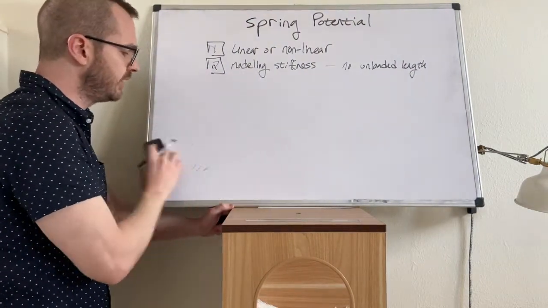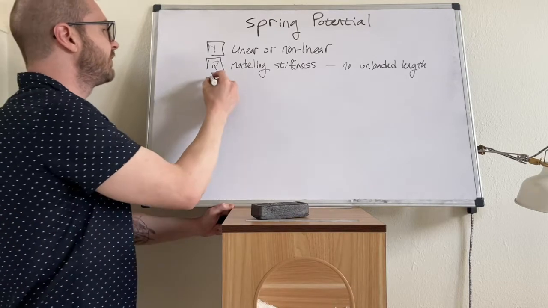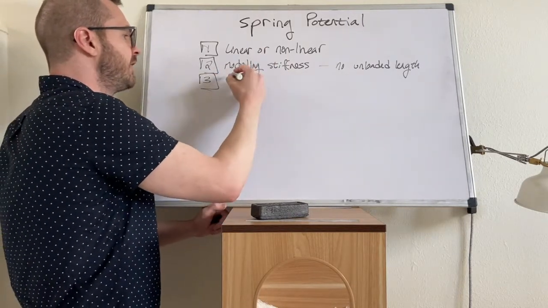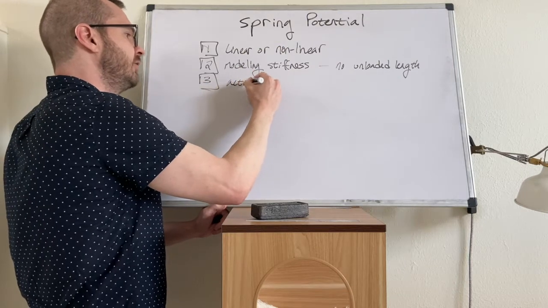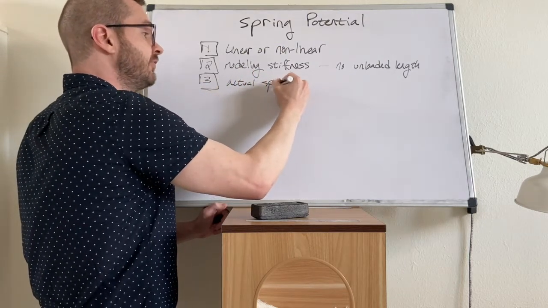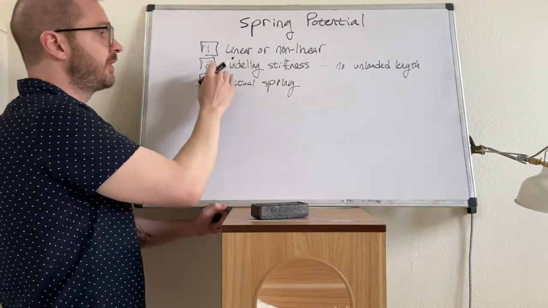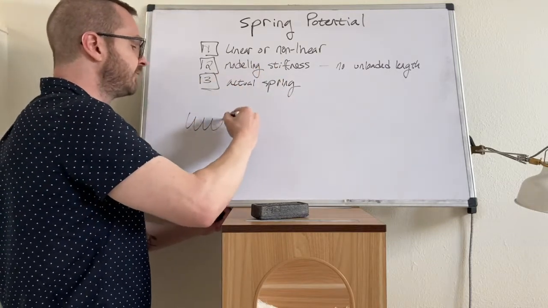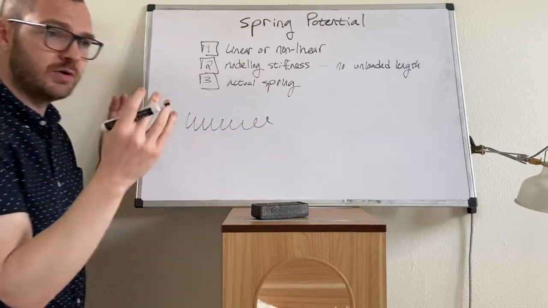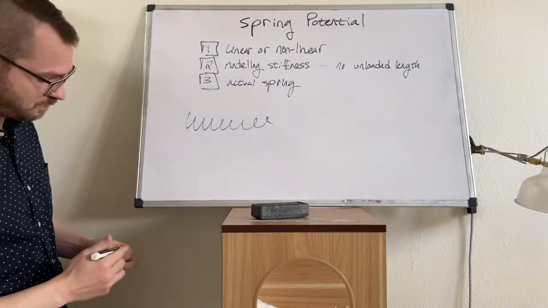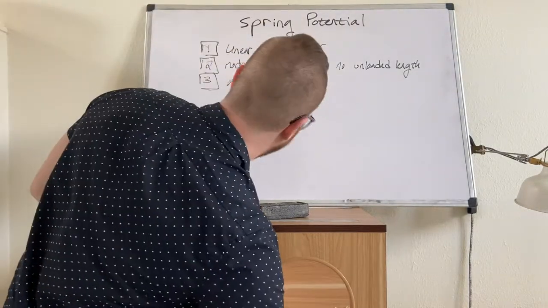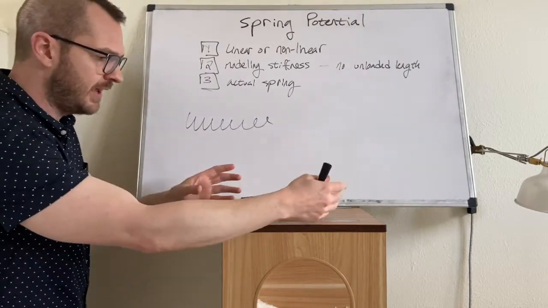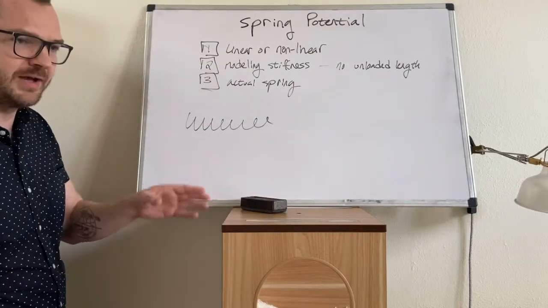And when I say unloaded length, let's talk about case number 3. What if you're modeling an actual spring, like a literal spring? So instead of modeling something theoretical like the stiffness in a material, what if you literally had a spring in front of you that you were stretching and compressing? Well, that spring, if you were to just set it on the table, would have a standard length.